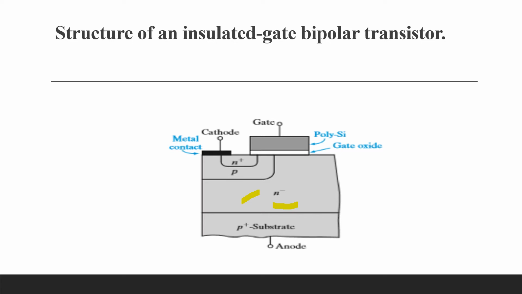And here you have the gate and the gate oxide which separates the gate from the device, and similarly the metal contact to the device.